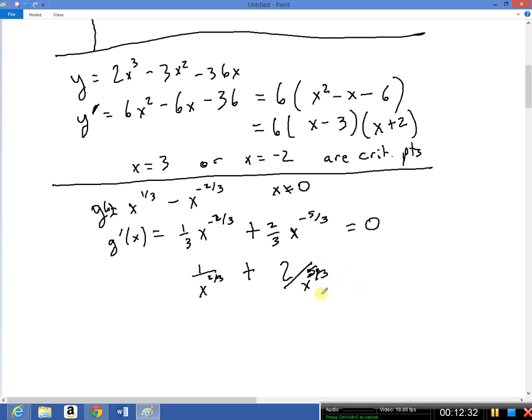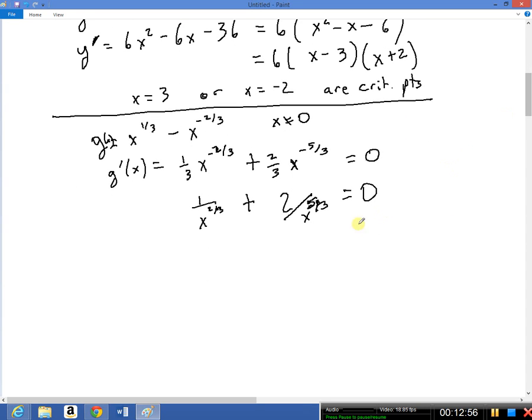Okay, now I said I need a common denominator, but that's going to be a mess, isn't it? I think I would like to get out of these fractions. Well, no, let's just do it without thinking too much.